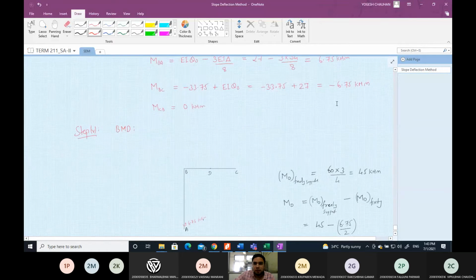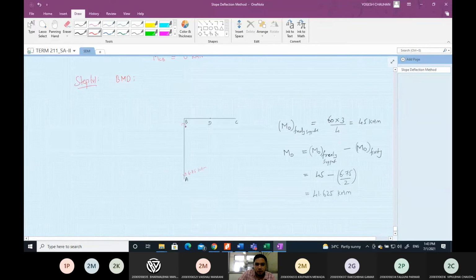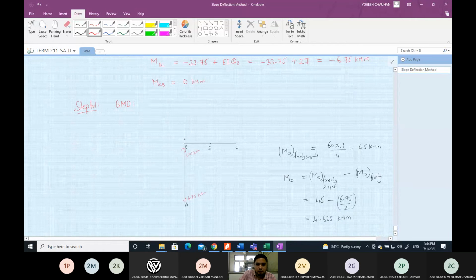At B it is plus 6.75. So this will be like this, 6.75. At C it is minus, which means anticlockwise, 6.75, and here it is 0.